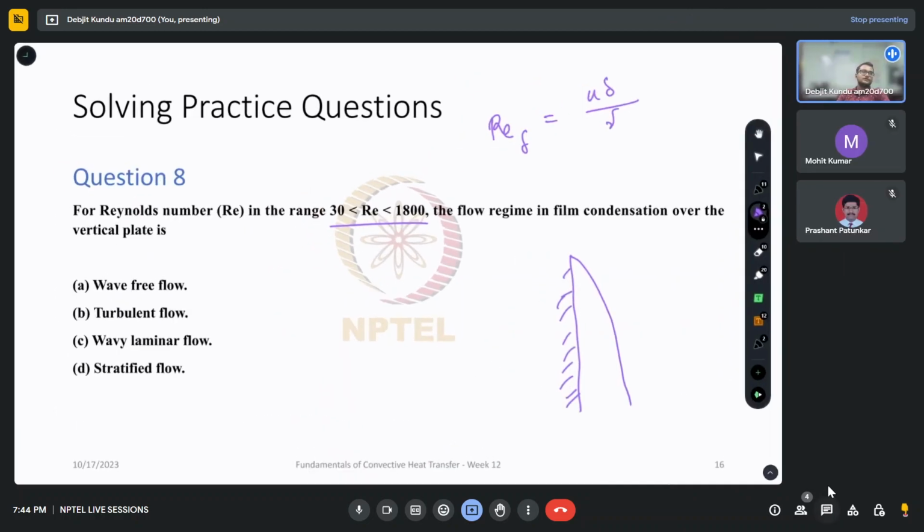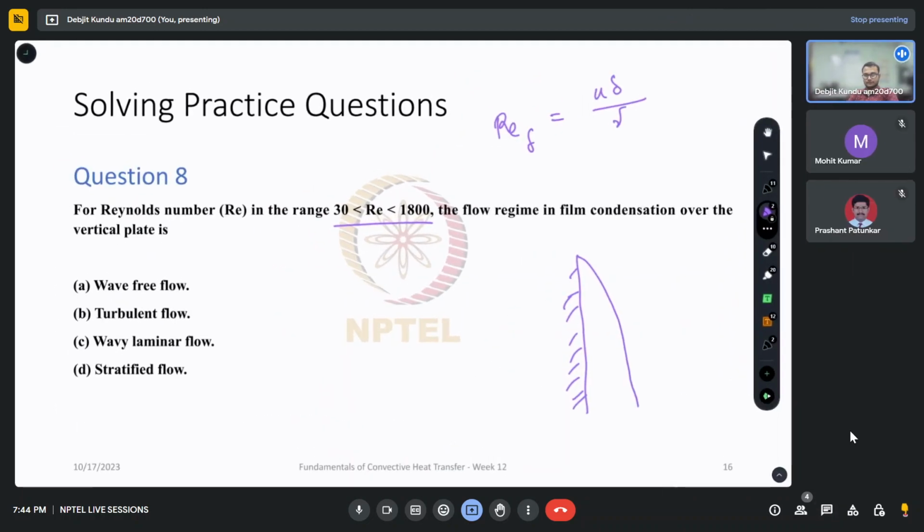We have one response in the chat box saying it should be wavy laminar flow. Let's see if we get any more responses.